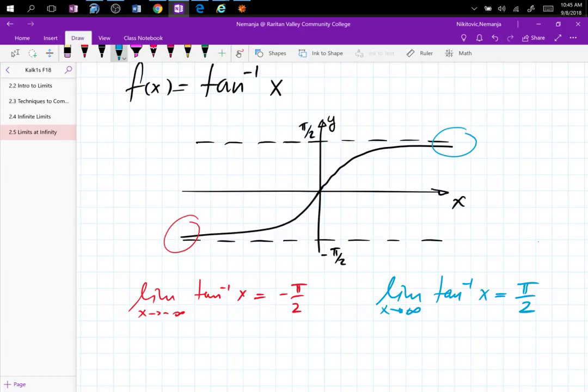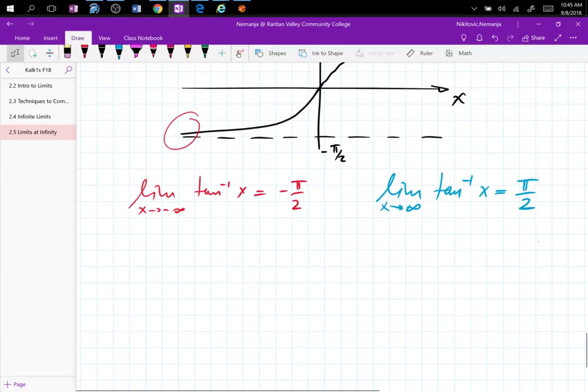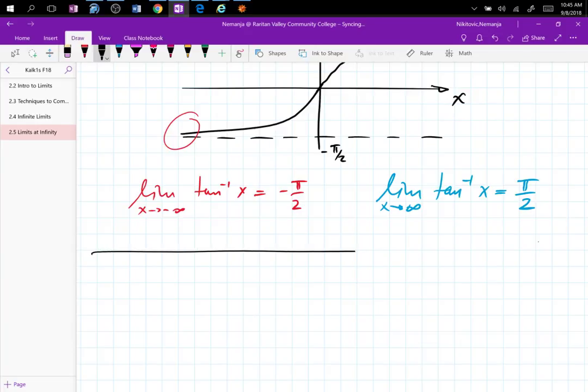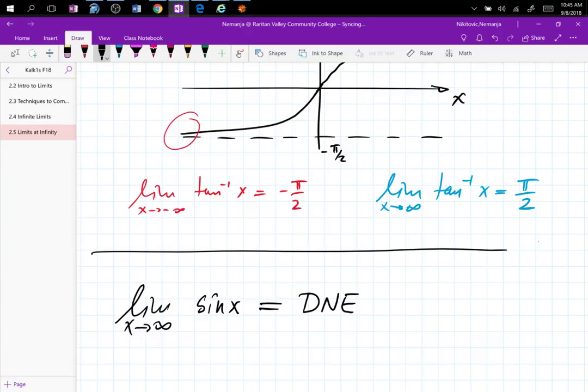So this is it. Two more things. One is, remember how I said sine and cosine are bounded by 1, and so you have to distinguish now. If you have the limit as x goes to infinity of sine x, the answer is does not exist, because sine x and cosine x, and for that matter tangent and so on, are periodic functions.